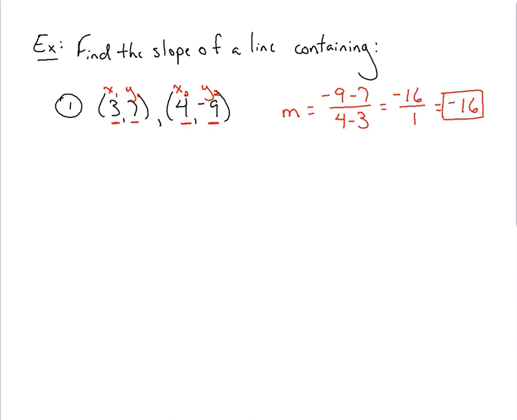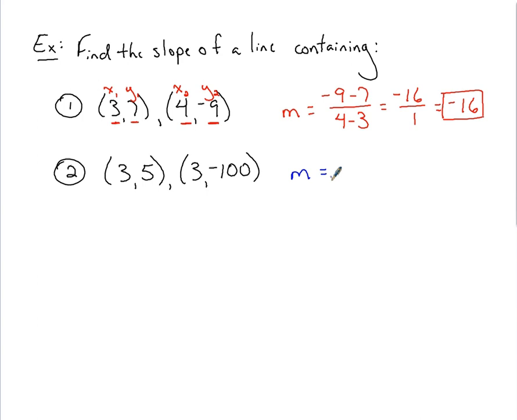So another example here, just basically applying our slope formula. Let's take a line here that passes through the point 3, 5 and through 3, negative 100. All right, if I'm going to find the slope of this line, say I start with the first point, subtract to the second point.